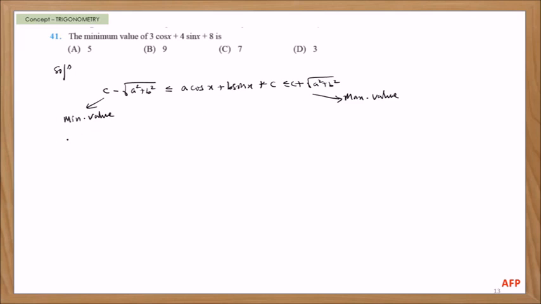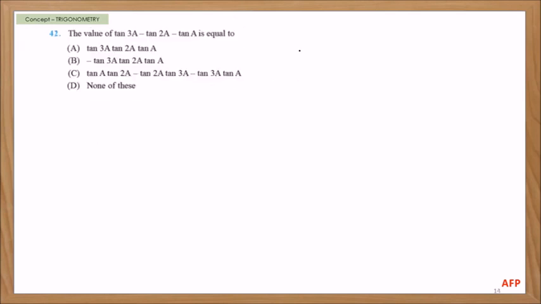Now how can you find the minimum value? Here a is 3, b is 4 and c is 8. If you substitute, c is 8 minus square root of 3 square plus 4 square, which is square root of 25, which is 5, so 8 minus 5. So 3 is the answer you are getting. D is the option, the minimum value.